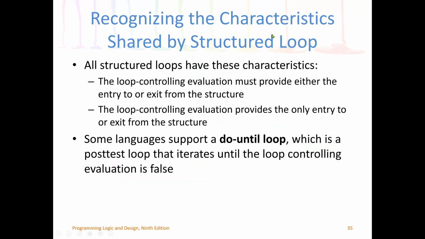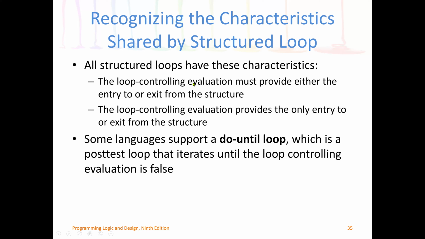So next is recognizing the characteristics shared by structured loops. We said that all structured loops have these characteristics, whether it's a for loop, do while loop, or while loop. All of this is shared by all the loops. A loop control evaluation must be provided.